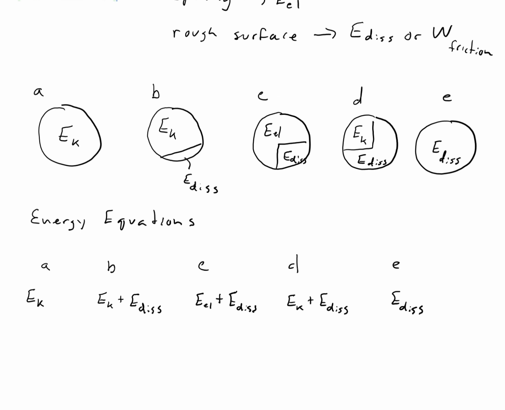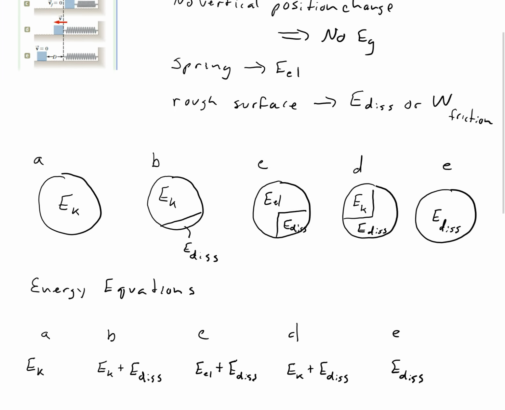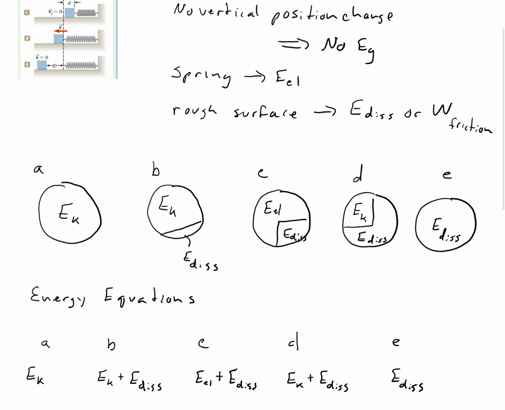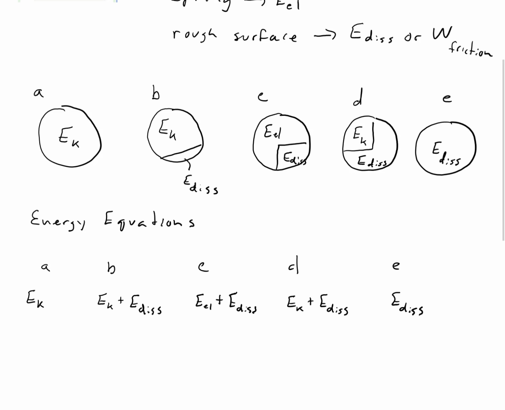Let's suppose we wanted to know, it depends on what you want to know, what you set equal to each other. We could say we want to know how far the spring is going to be compressed. So let's suppose that's the question.